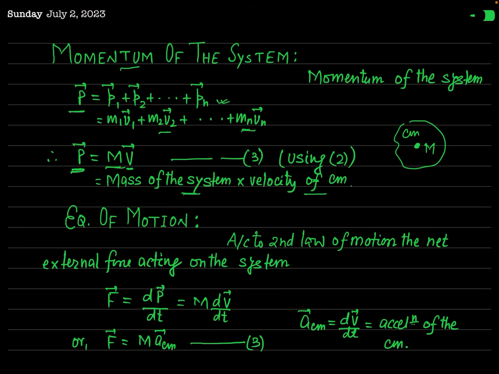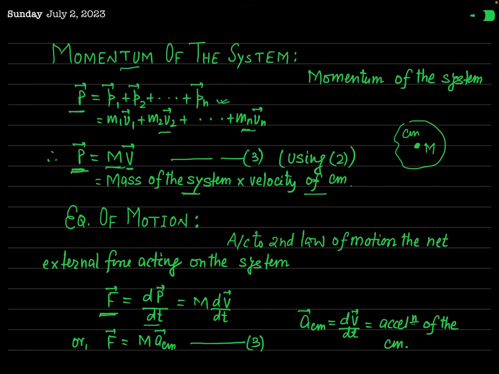Since this capital P represents the momentum of our system, if F is the total external force, mark it, I am talking about only external force, acting on our system, then this resultant external force in accordance with Newton's second law of motion will be equal to dP by dt, where P is the momentum of the system.